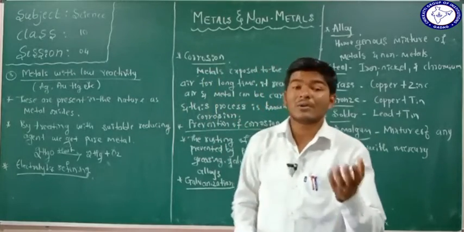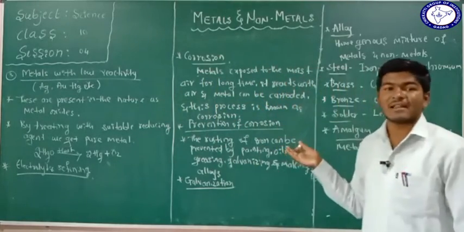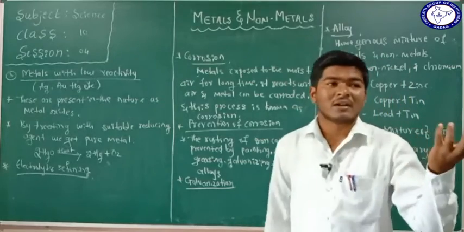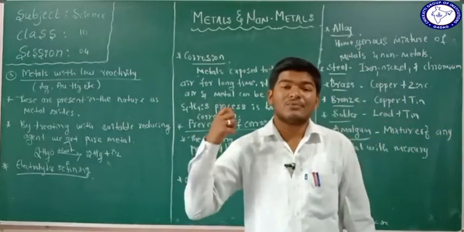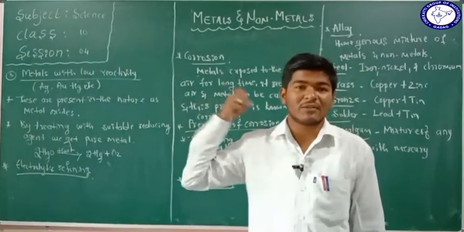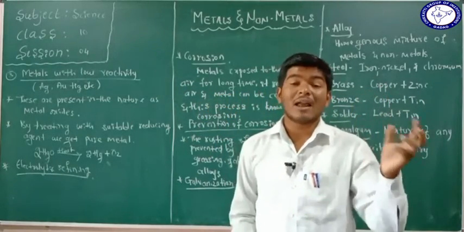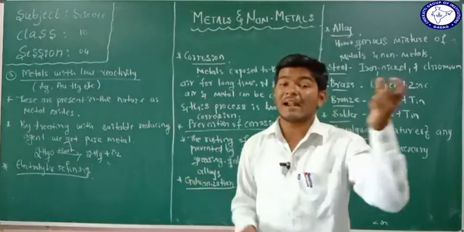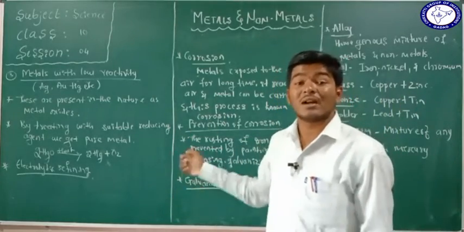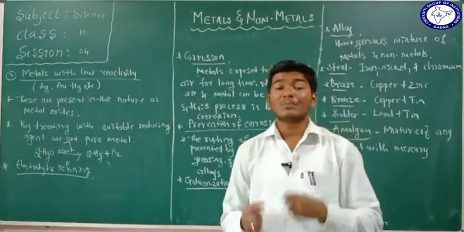So how are we going to prevent this corrosion? For example, we use iron rods to construct our houses or homes. If the rods are corroded, the lifespan of that iron rod will decrease due to the corrosion. But how do we prevent the corrosion?